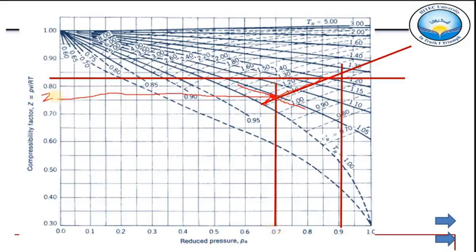So this is the horizontal line to read Z value, and this is the vertical line to read reduced pressure or PR value. All right, so with the help of both of these we can find out P2. Let's go back.